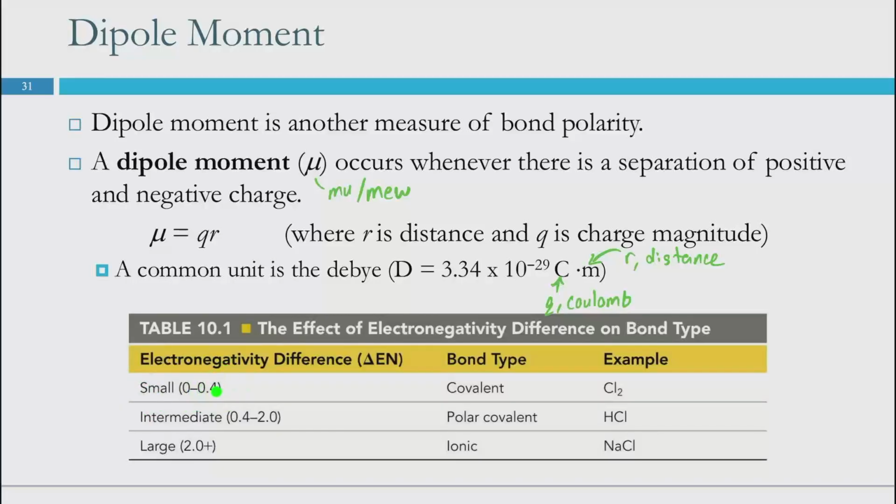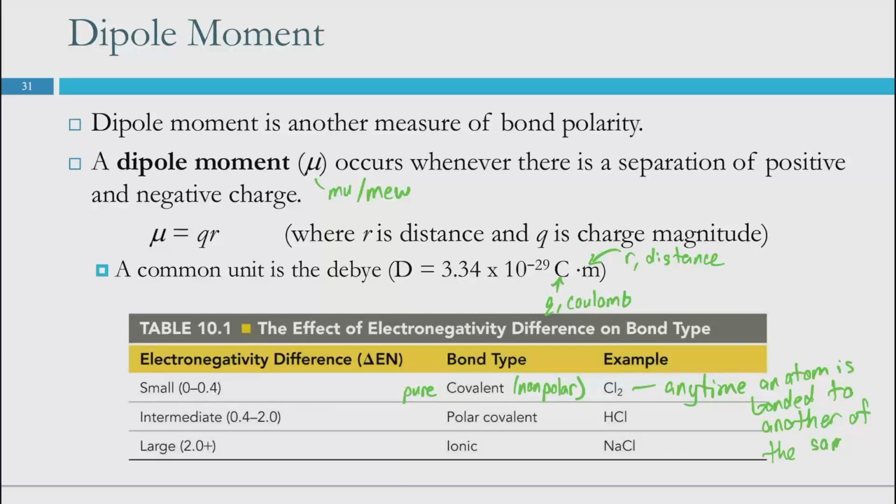So 0.4 is our cutoff for pure covalent or nonpolar, like in Cl2 or anything where an atom is bonded to another of the same atom.